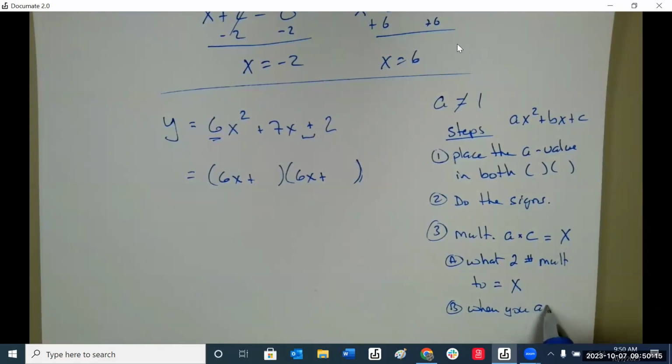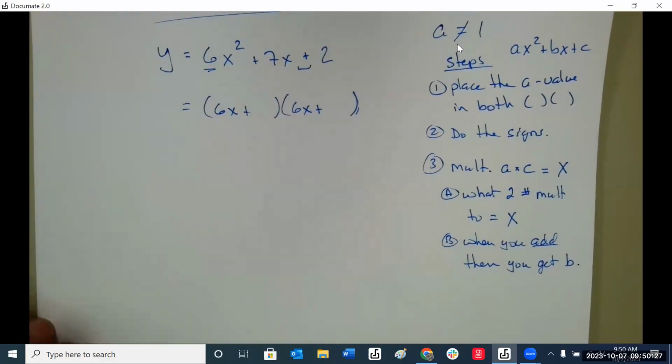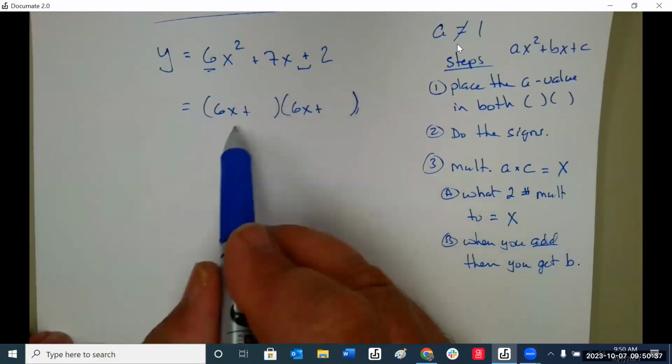When you add them, you get your b term. So we have the 6 times 6, the pluses are same signs.